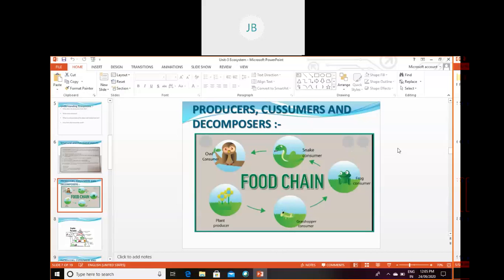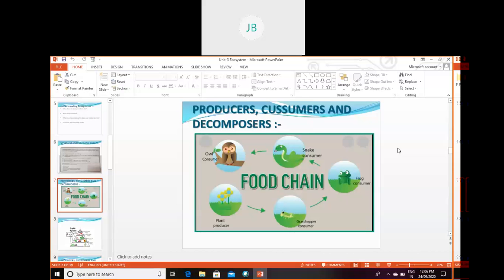So plants are the producers in any ecosystem, as they manufacture their food using energy coming from the sun. By using sunlight, carbon dioxide and water, the plant prepares its food, and that's why we call them producers. In the forest, the plants form communities, and these communities form the producers.